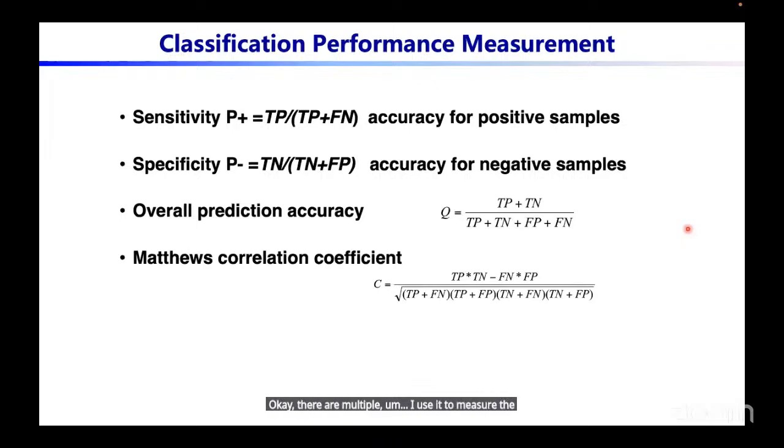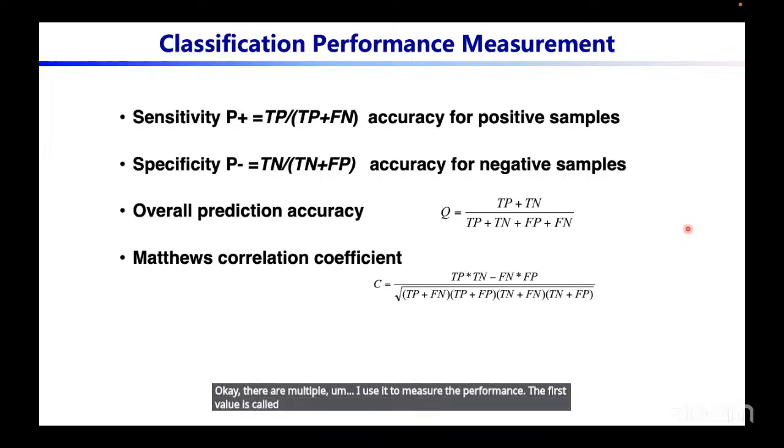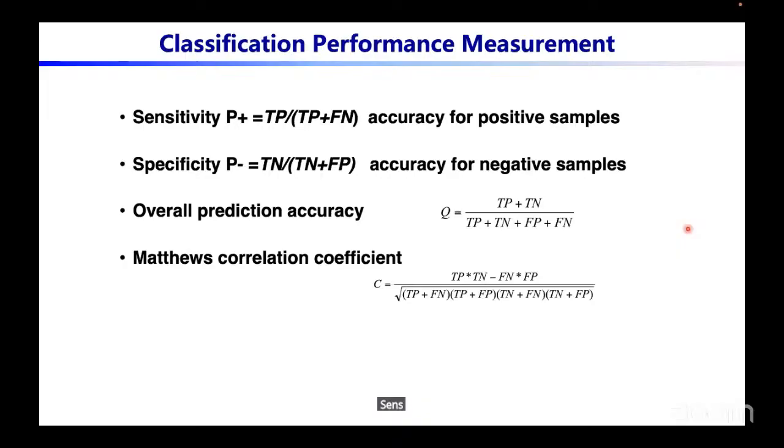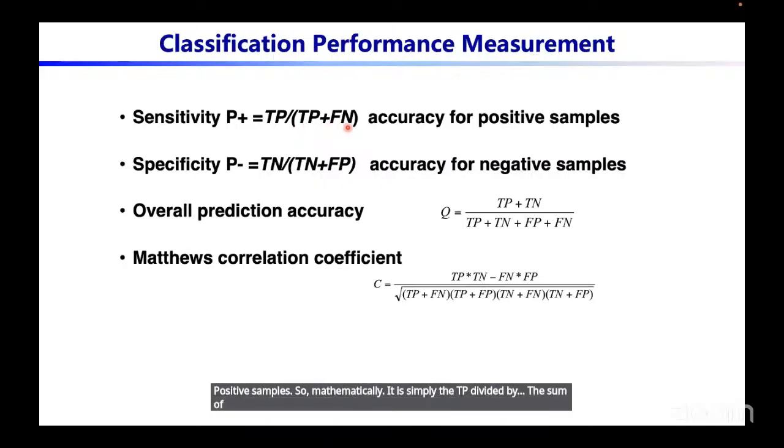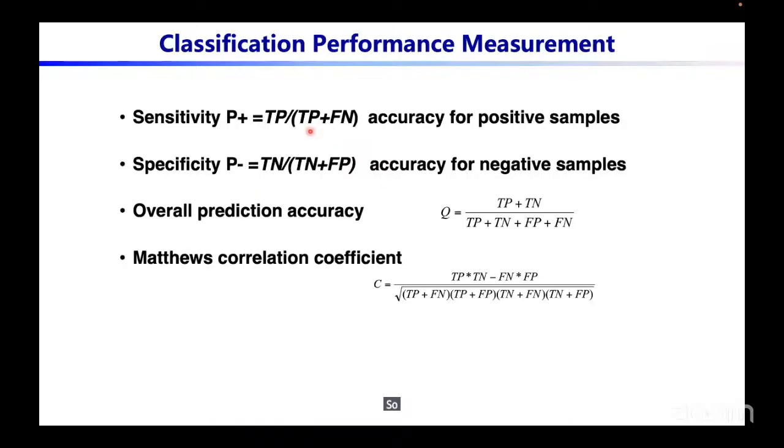The first value is called sensitivity. Sensitivity means the performance, the accuracy for positive samples. Mathematically, it is simply the TP divided by the sum of TP and FN. TP is the true positive, and FN is the false negative.